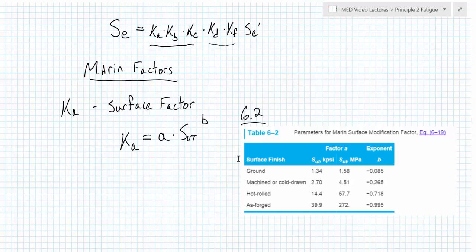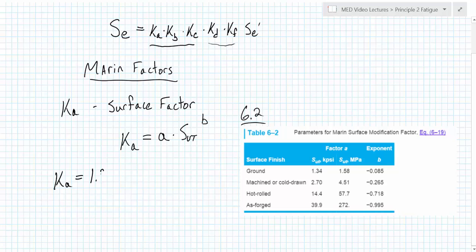Using this table, we can figure out what the ultimate strength of our part ought to be. Say 120 kpsi would be the ultimate strength. Then our Ka would be a, and let's choose a finish. Let's say it's ground.